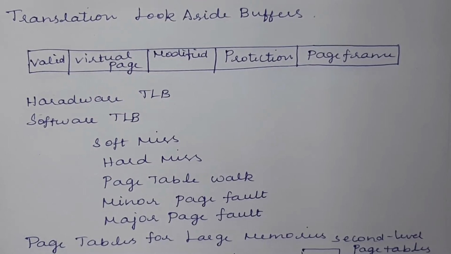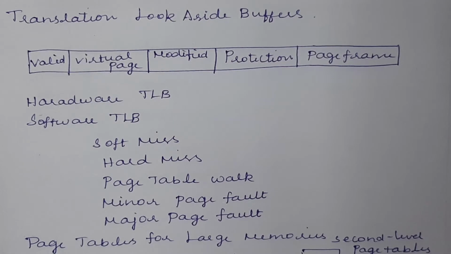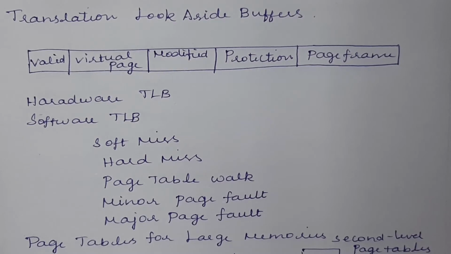Also, one more disadvantage we faced with the page table is that we need to store everything in main memory in addition to all the other processes. Each and every process has its own page table, so it may occupy a large amount of space in main memory to hold all these page tables.